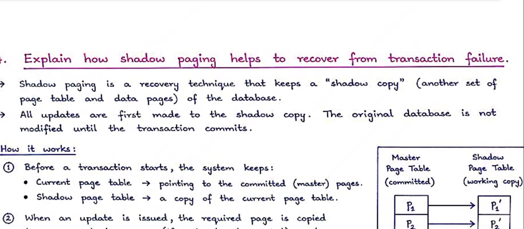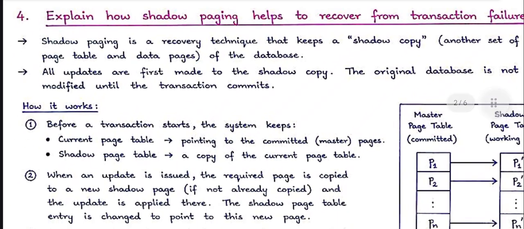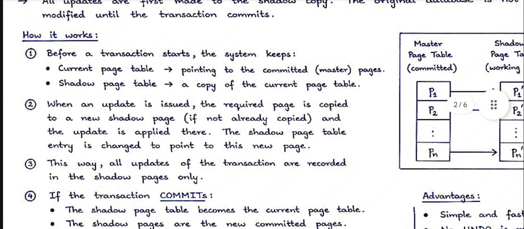How does it work? Before a transaction starts, the system keeps the current page table pointing to the committed master pages. Then the shadow page table, a copy of the current page table, is kept. When an update is issued, the required page is copied to a new shadow page if not already copied, and then the update is applied there.